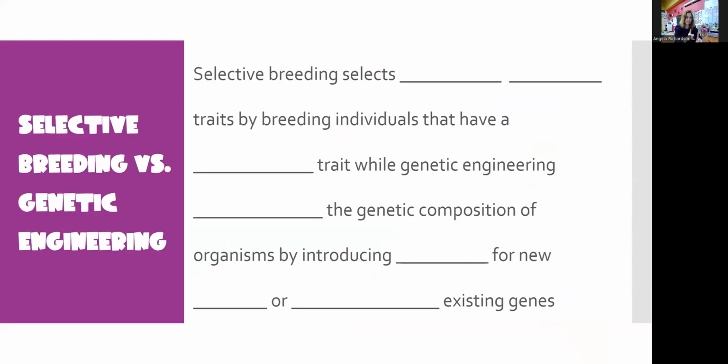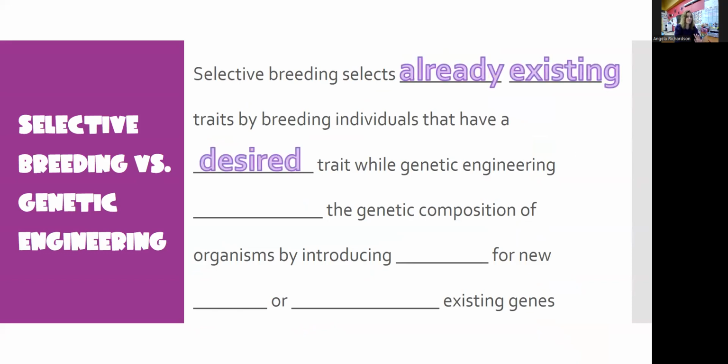So first one, selective breeding. Selective breeding is going to select already existing traits. So the traits have to be there in order for humans to want to boost those traits up a little bit. Okay.